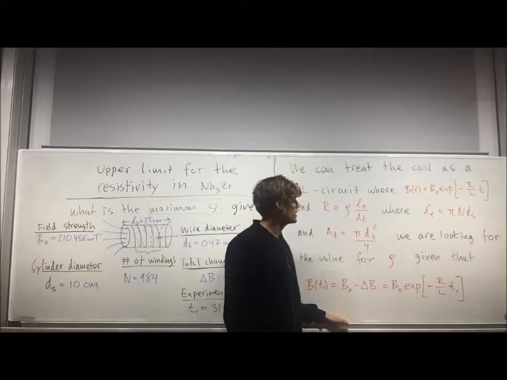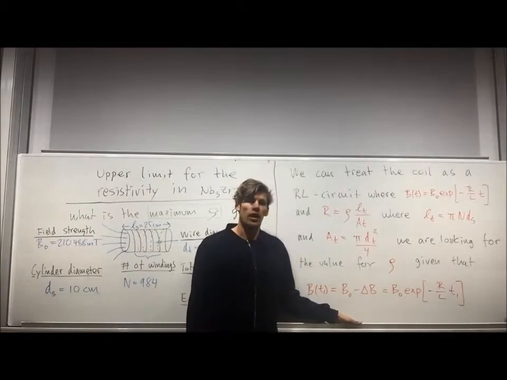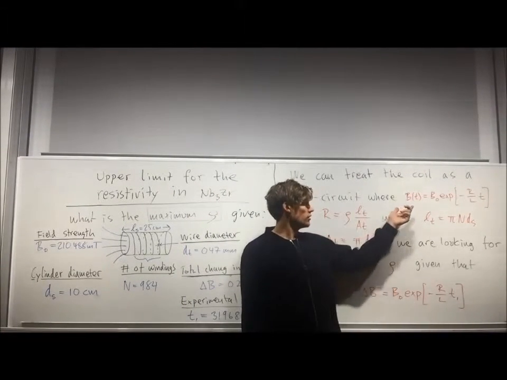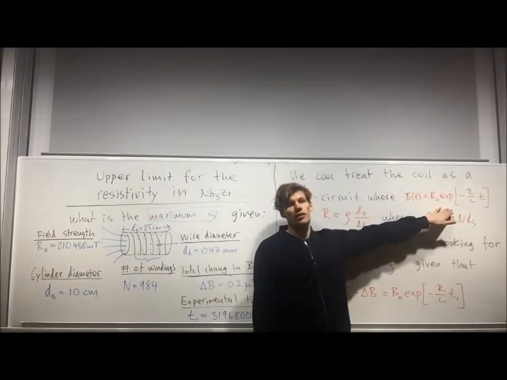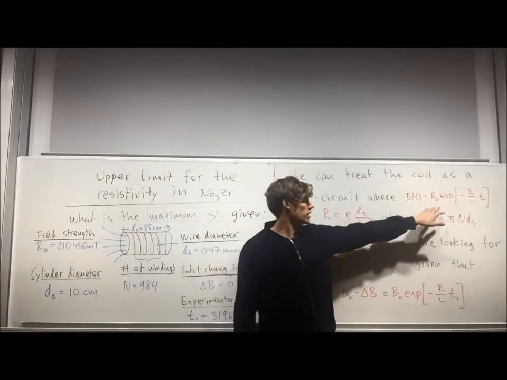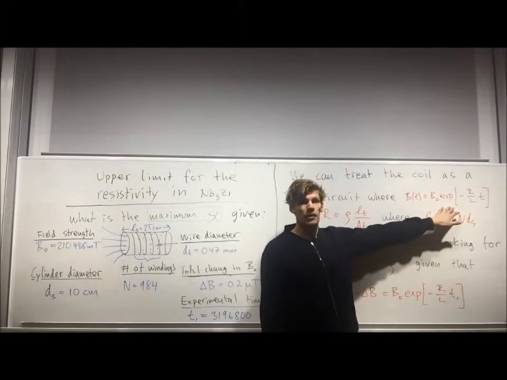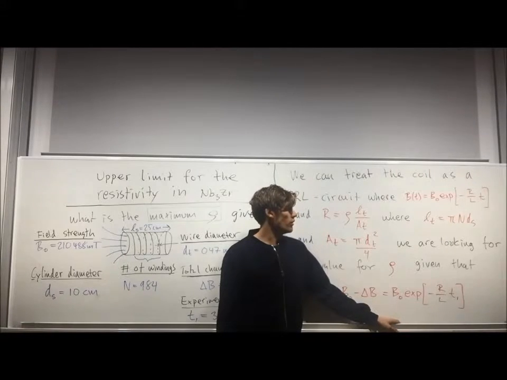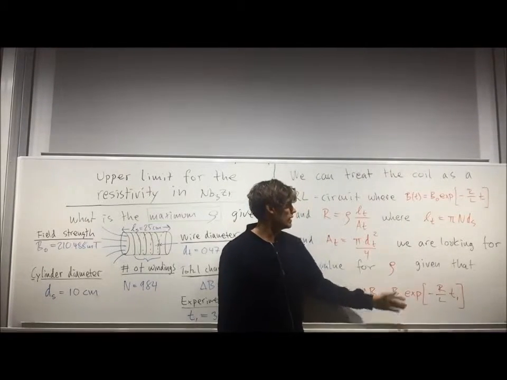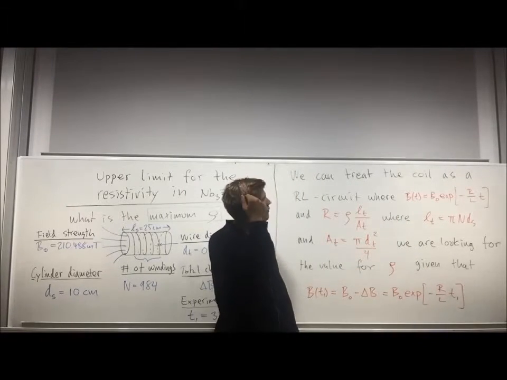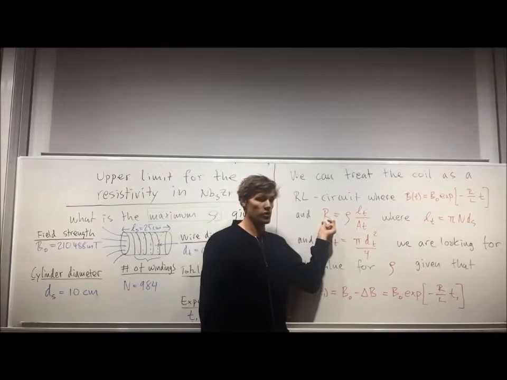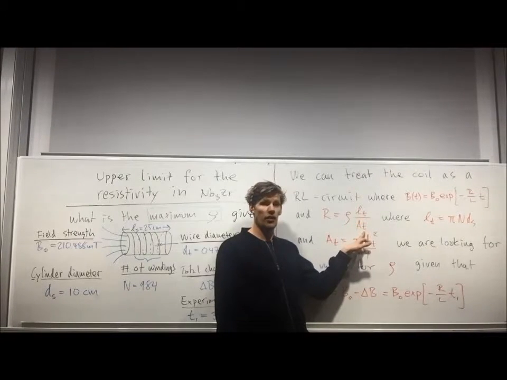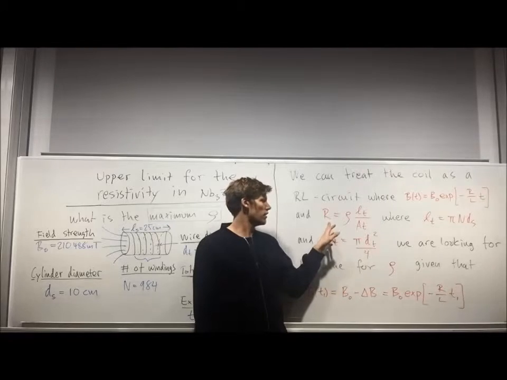Well, you start to realize that this is an RL circuit, where the magnetic field is modeled by this expression, B naught times the exponential of minus R over L times T. The resistance in the circuit can be determined from known laws: the length of the thread divided by the area of the thread times the resistivity gives the resistance.